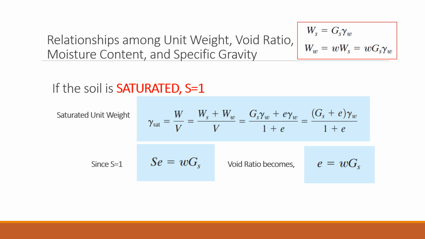Then the total volume in this case, we have set equal to 1 plus E, wherein the 1 is the volume of solids plus the void ratio equal to E. So now our gamma sat, or our saturated unit weight in terms of the void ratio, moisture content, and specific gravity, is equal to this formula right here.